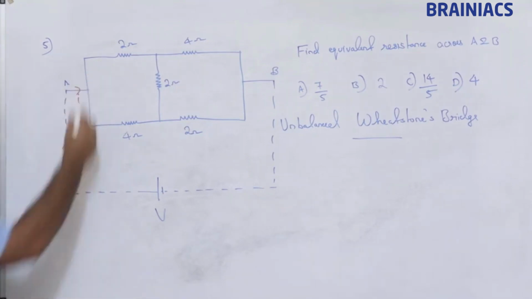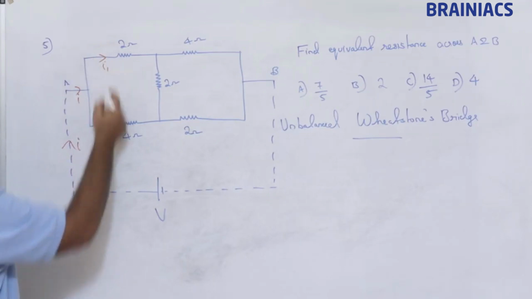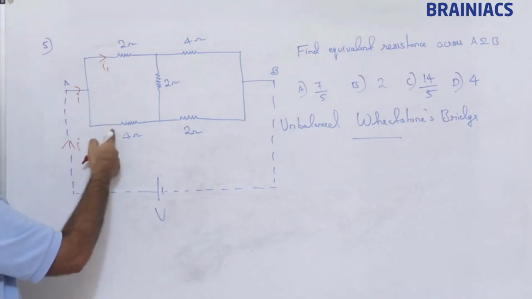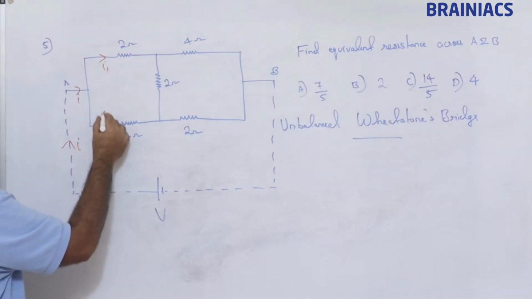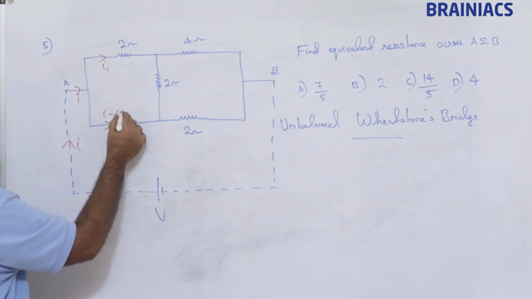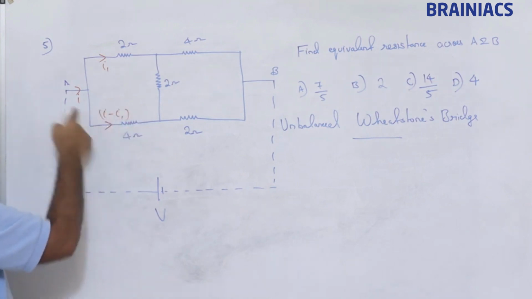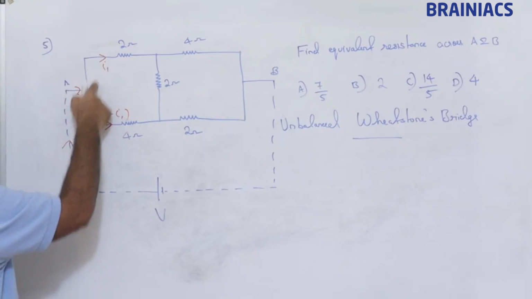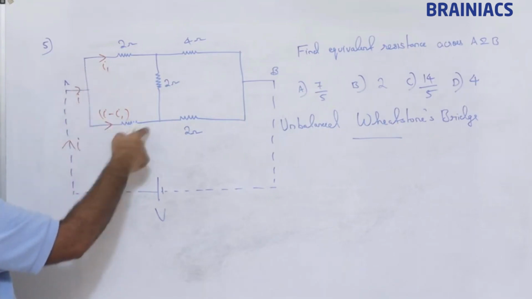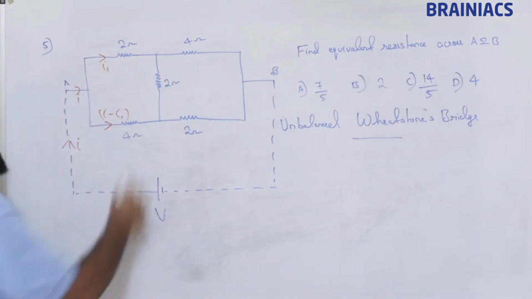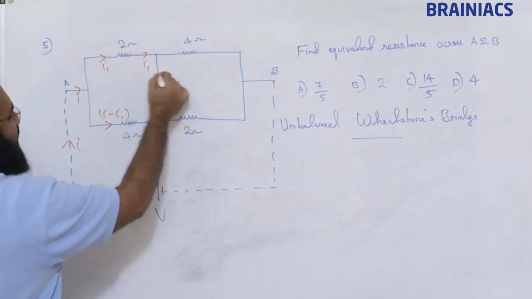Suppose I give here I1. In order to reduce the number of variables, I am giving here I minus I1. Whatever is coming here, if a part goes here, the remaining will come here. So I minus I1, and this is I1.